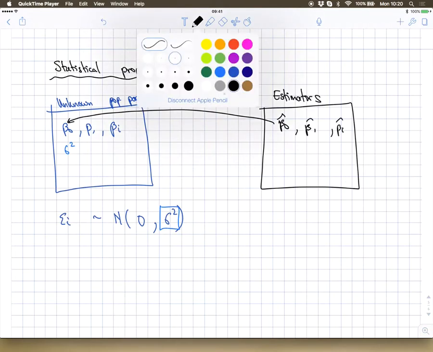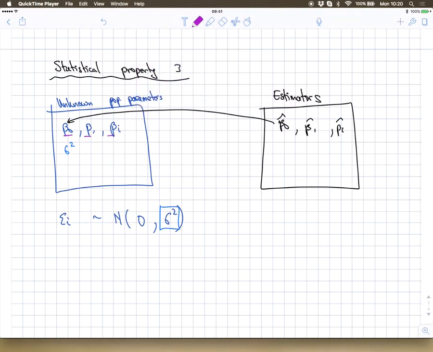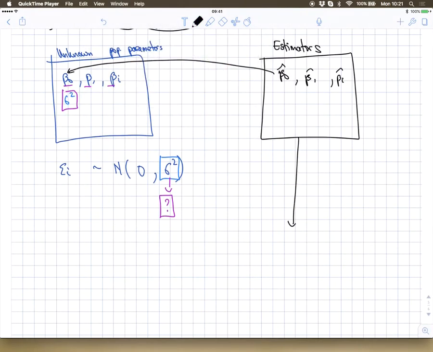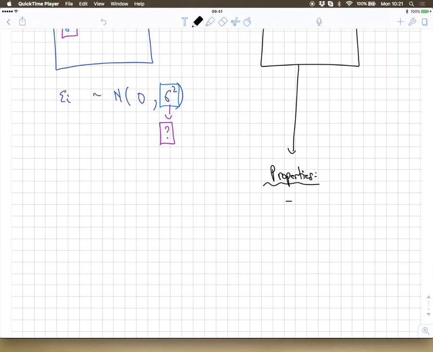And just like beta are unknown population parameters, this is also an unknown population parameter, okay? So I might want to try and estimate this, right? What is the variance of the true population error terms? Now, these estimators will have properties. Some desirable properties might be things like unbiasedness.